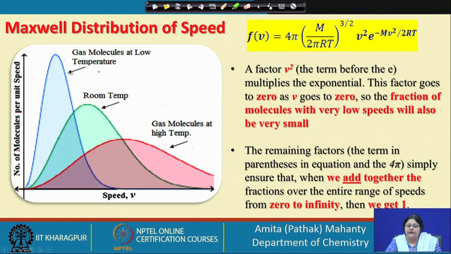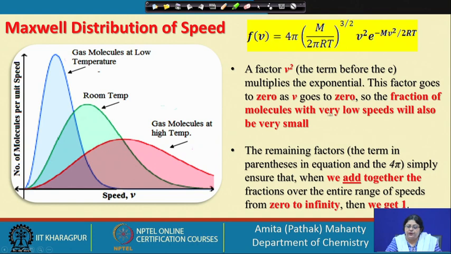So, we have now taken two factors, one is this part and the other is this part. If I take the contribution of the factor V square, not the exponential, V square multiplies the exponential term. Okay. This factor goes to 0 as V goes to 0.